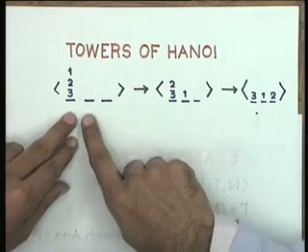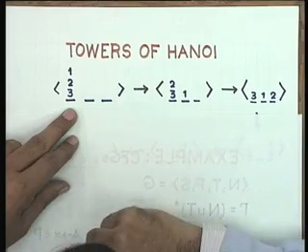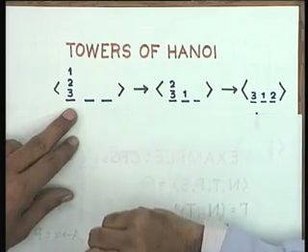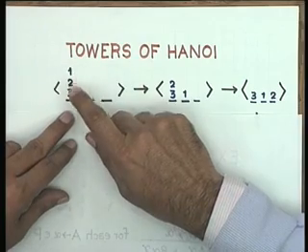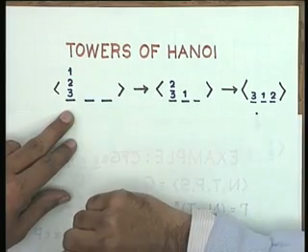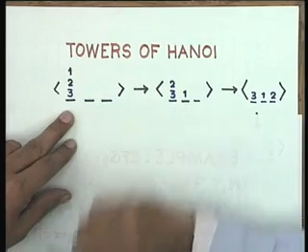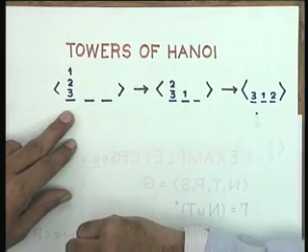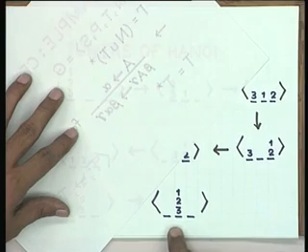So here you have some initial configuration. These are the 3 towers, and the initial configuration is that I have just taken 3 pegs, numbered according to their size, sitting on the first tower, and the final thing is to move them all to the second tower, right.